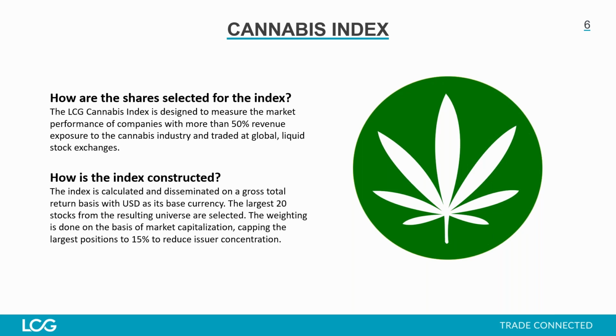To put that in perspective, there are some big multinationals, PepsiCo is always the one that strikes a chord with me, that have dipped their little toe into the cannabis industry with hemp infused drinks, for example, or at least have talked about doing so. So obviously they, to some extent, are a cannabis share, but they have nothing close to 50% of the revenue. So this index is meant to be pure cannabis, not just diversified blue chip companies that have mentioned cannabis in their prospectus once.